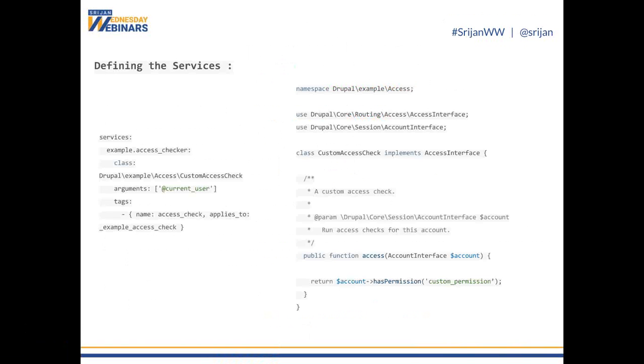So to give a quick check as to how we can create services, the file, a PHP file that you're seeing on the right hand side, is created inside the SRC folder. That's a folder inside your root module folder in Drupal 8.